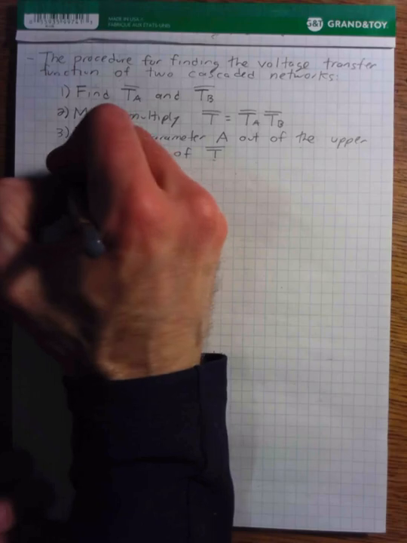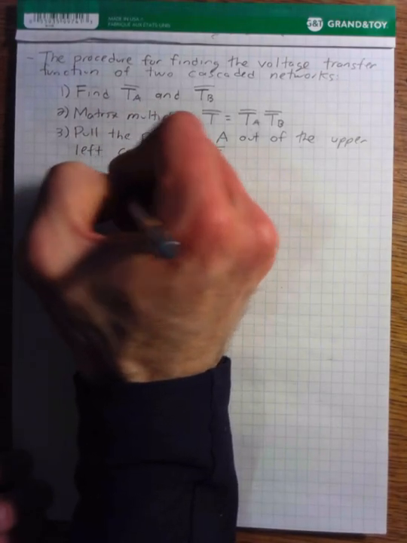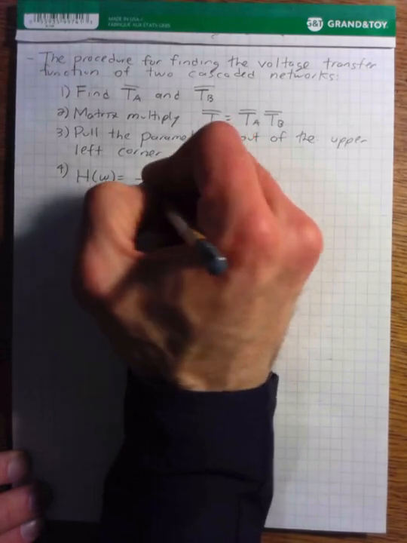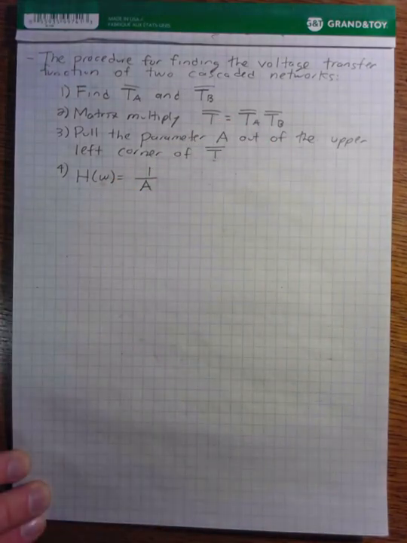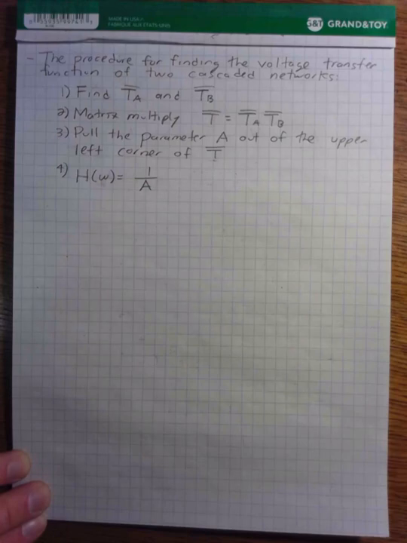And then basically, our voltage transfer function is equal to 1 over A, right? Because A is the input divided by the output, and our transfer function is output divided by input, and so we just take the reciprocal of those two. So what I want to do now is use two examples to show you how this works.